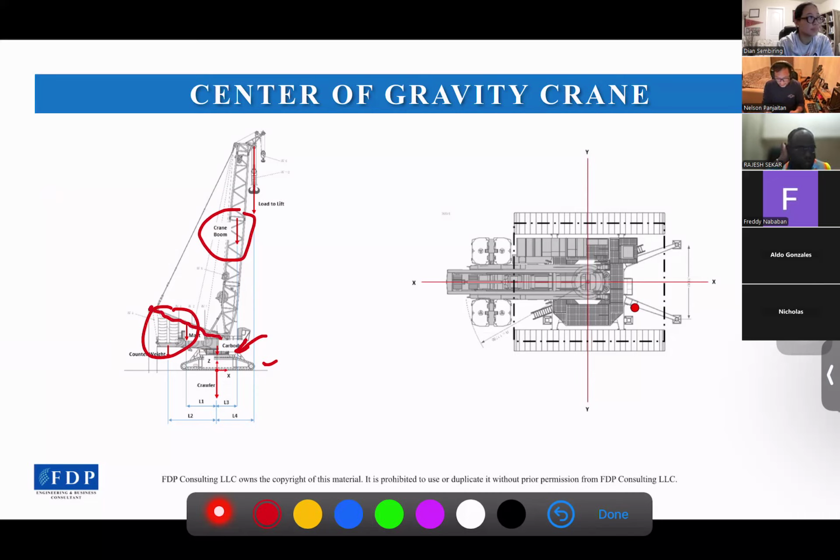So I will use the center of the slew bearing as our origin point here. This is the center of the slew bearing, and this is our origin point to calculate the COG.